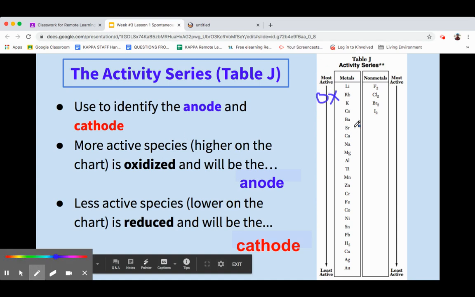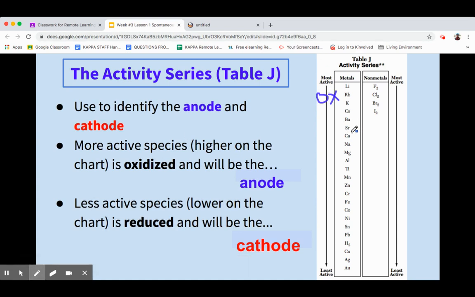So let's look. Let's say we have a reaction between calcium and nickel. Anything that's higher on the chart is what's being oxidized. So your calcium is being oxidized and nickel is being reduced.